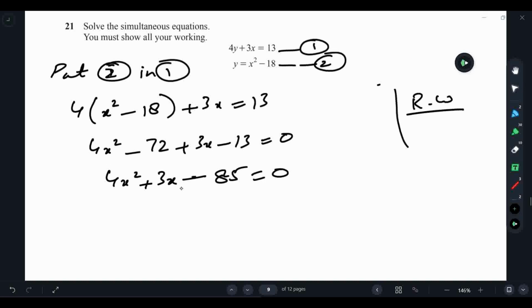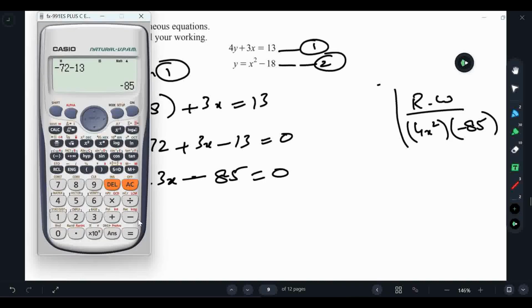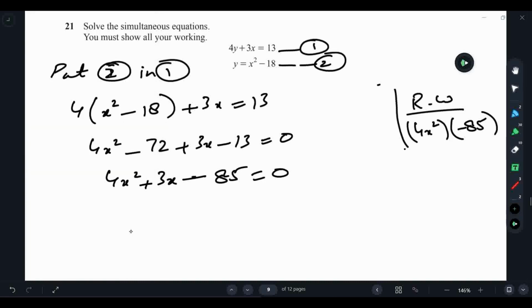This will be 4x square multiplied by minus 85. Multiply by 4, this will be equal to minus 340.